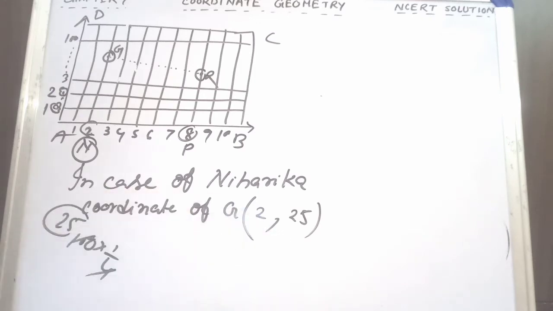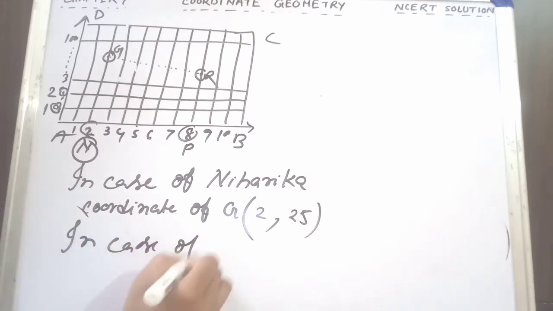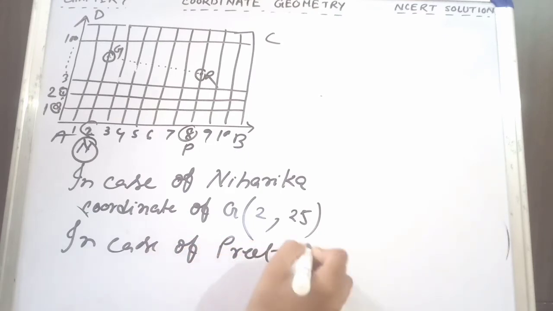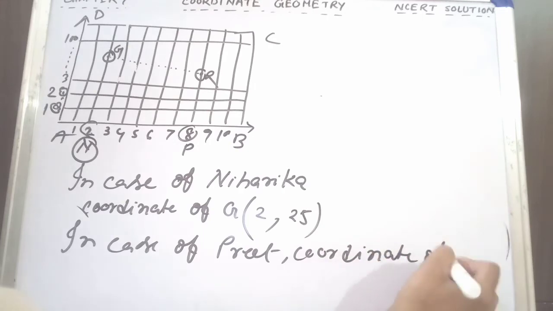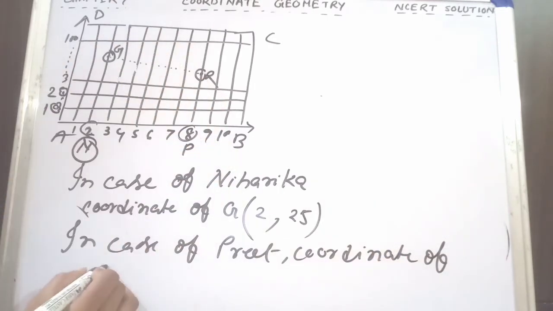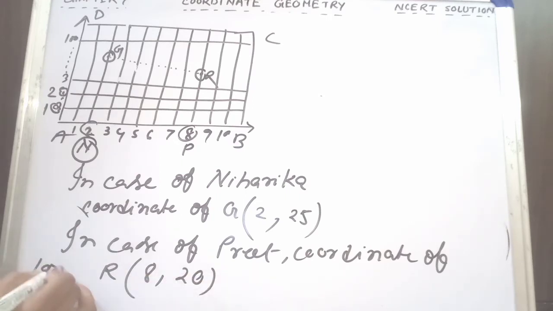So y coordinate is 25. And in case of Preet, coordinate of R, that means red flag, 8 comma 1 by 5th of the distance AD, that means 100 into 1 by 5th, that means 20. So 8 comma 20.